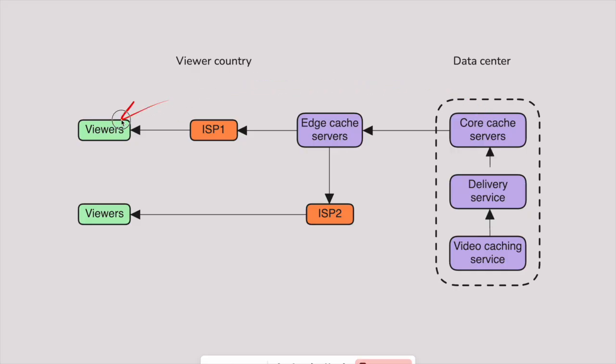Once the video reaches the edge cache servers, there is still an additional layer of cache that can be added, and this is the ISP cache. So let's say we have an edge POP in Brazil, and there are multiple ISPs that work in Brazil. There are multiple CDN providers probably that have very good coverage in Brazil. So we would want to probably do two things.